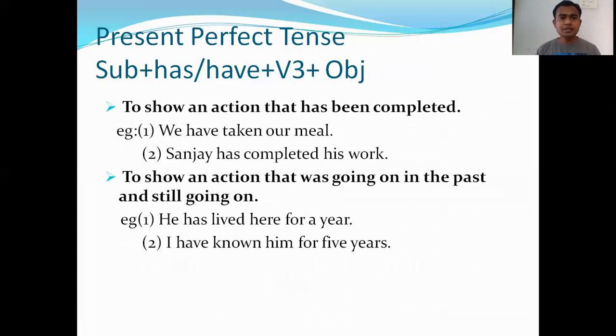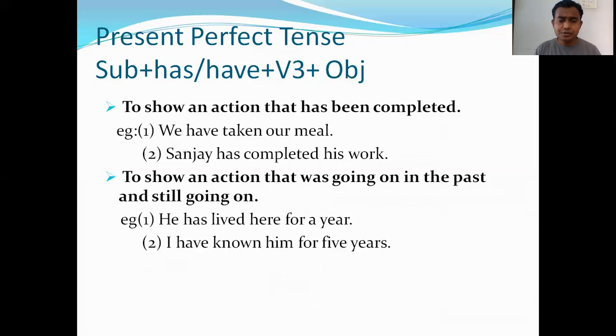In present perfect tense, we use it to show an action that has been completed. The action which has just completed. For that action we use present perfect tense. Like example, we have taken our meal. Sanjay has completed his work.